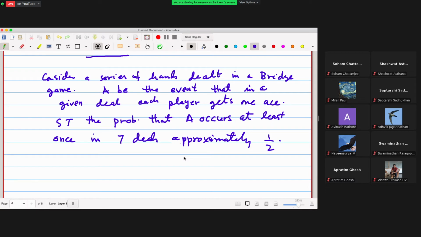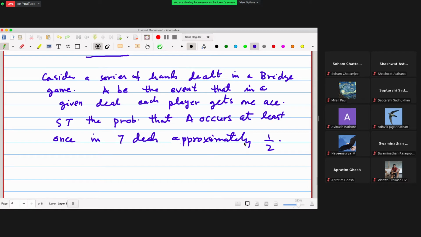And A is the event that in a given deal, and of course, when it says series of deals, what it means is that you deal the cards once, and after the game, next game, you deal another time. Each person gets 13 cards, and so on and so forth. So the probability that A occurs at least once in 7 deals is approximately half.